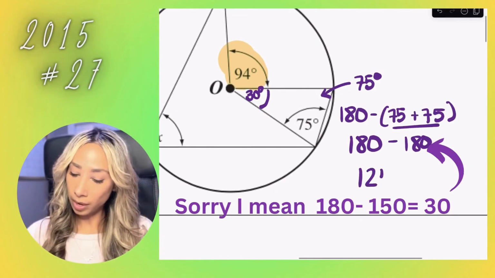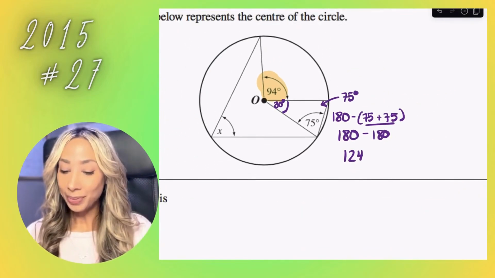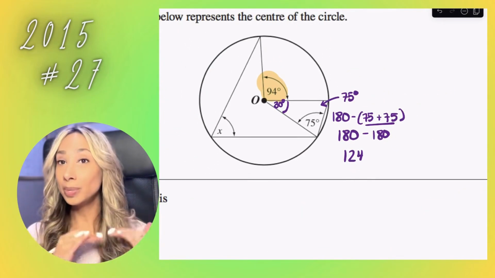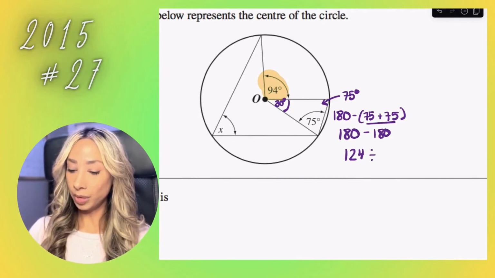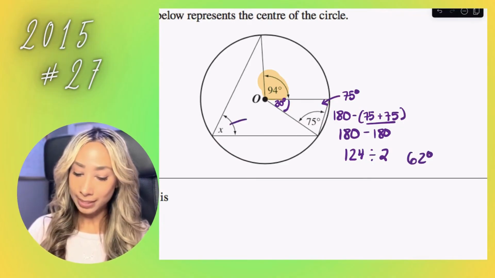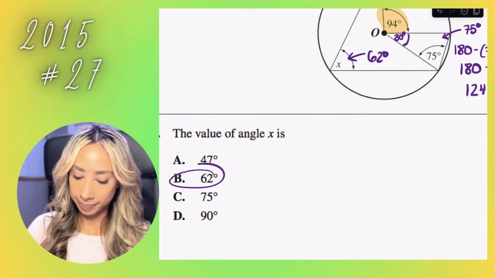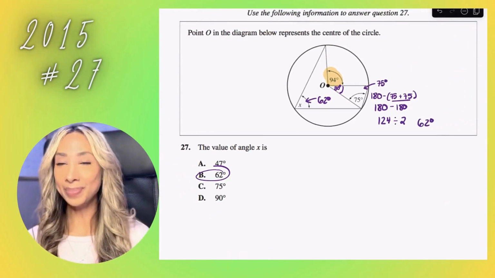That's going to give me 124. So our answer isn't 124, but we can use that. That's the central angle. Once we take half of 124, I'm going to get 62. So that means this angle here is 62 degrees. So the answer for this one is B.